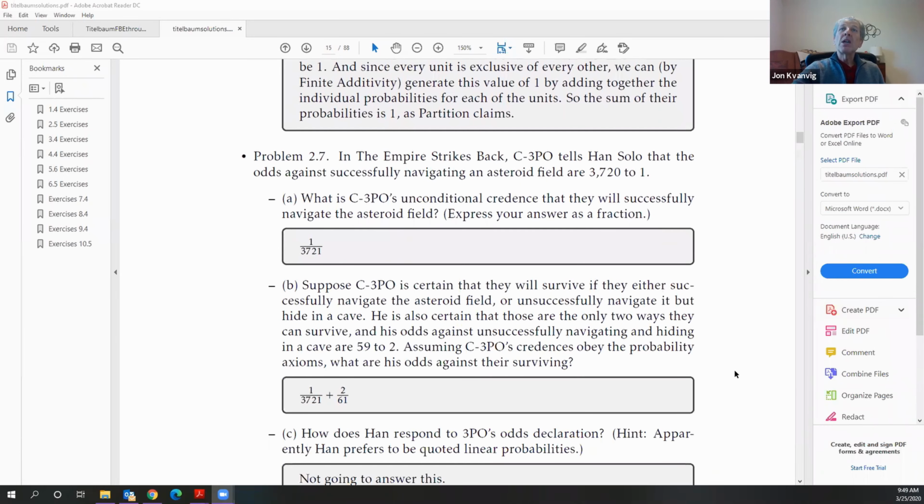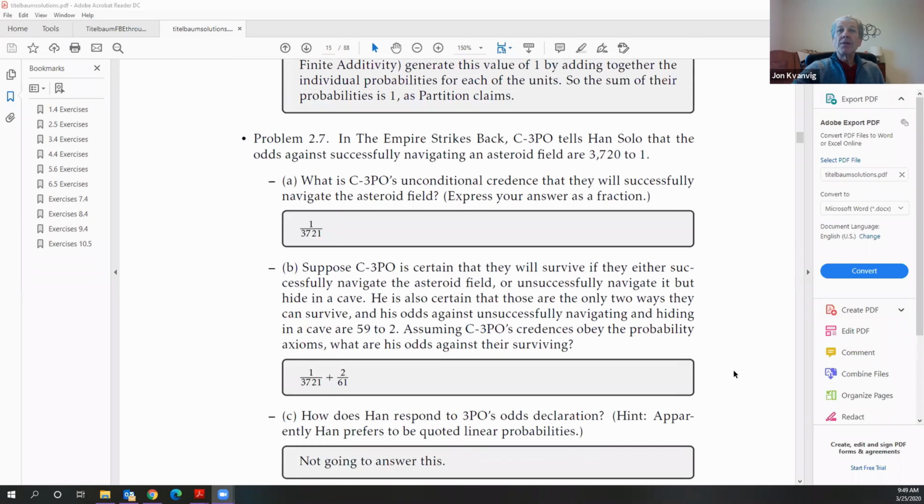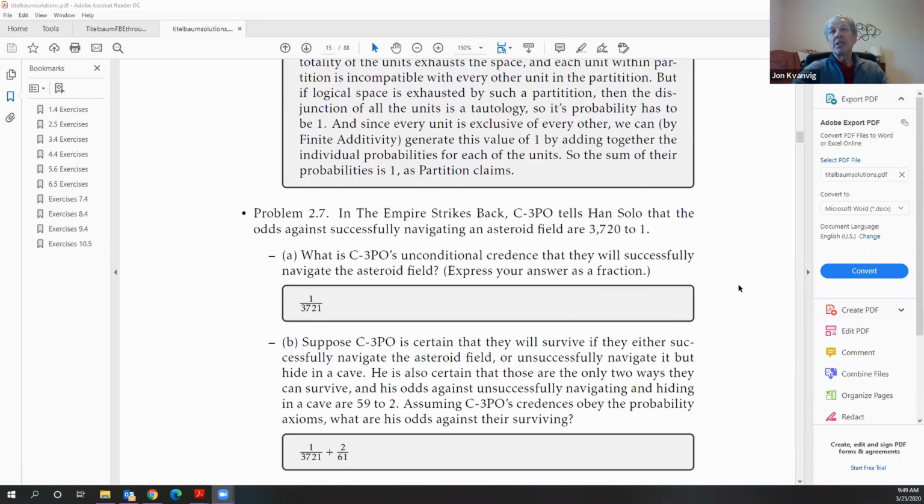Okay, problem 2.7. This is about converting between odds claims and probabilities. So it's a relatively lightweight kind of question. C3PO tells Han Solo that the odds are 3,720 to 1. It'd be interesting to know where in the world that number comes from.